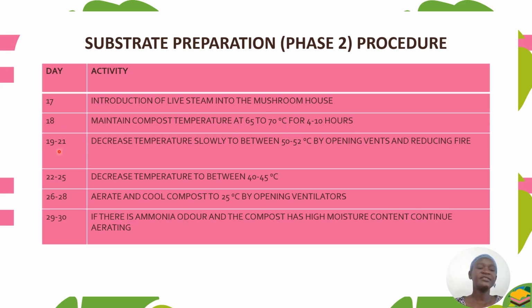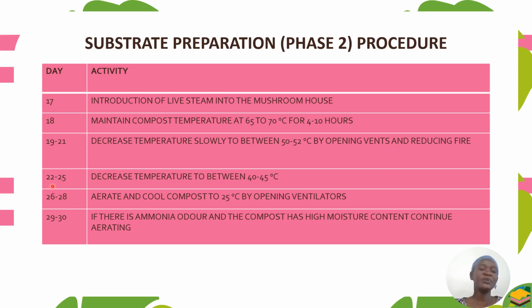Then on days 19 to 21, you try to decrease the temperature slowly. From 65 to 70 degrees Celsius, you decrease it to 50 to 52 degrees Celsius. How do we decrease the temperature? We do not reduce the amount of heat, but rather we just open the vents. We reduce the fire and open the vents.